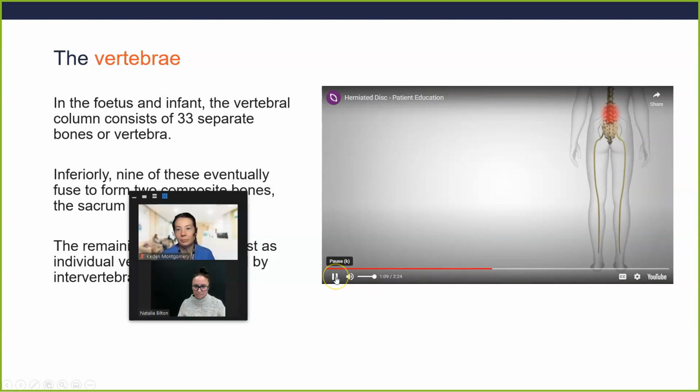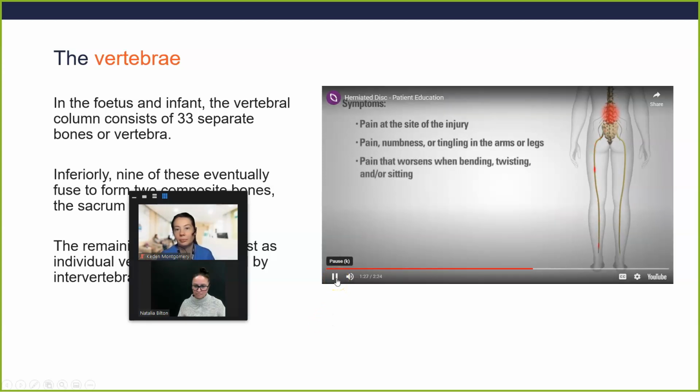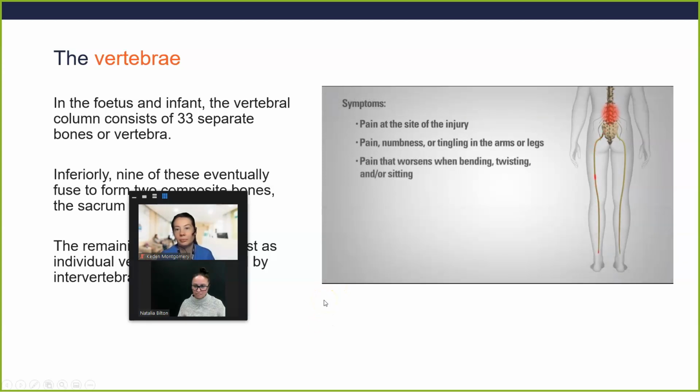While it is possible for an intervertebral disc to herniate at any level of the spine, it most commonly occurs in the lumbar region or lower back. Symptoms include pain at the site of the injury, pain, numbness, weakness, or tingling in the arms or legs, pain that worsens when bending, twisting, and/or sitting, muscle spasms.